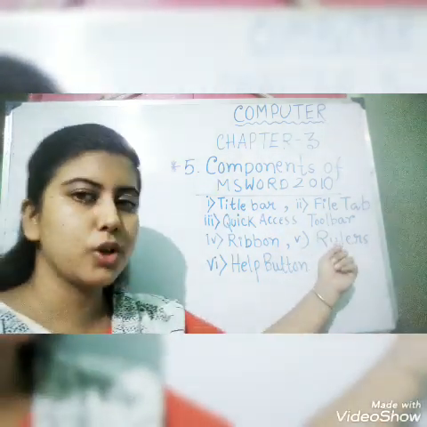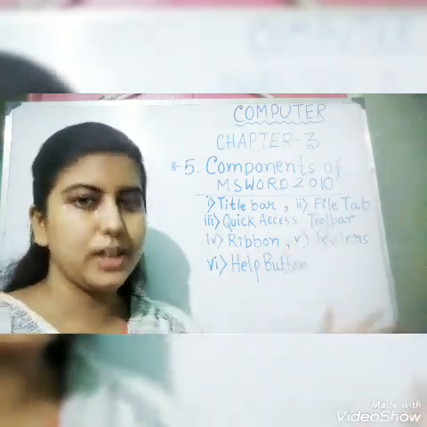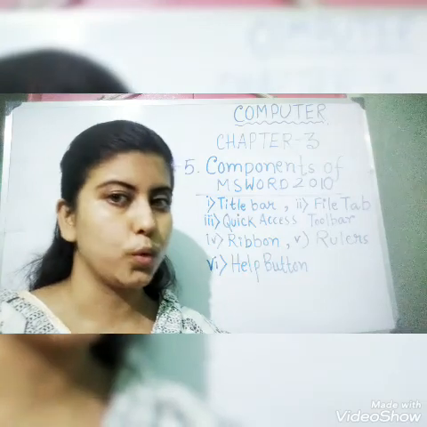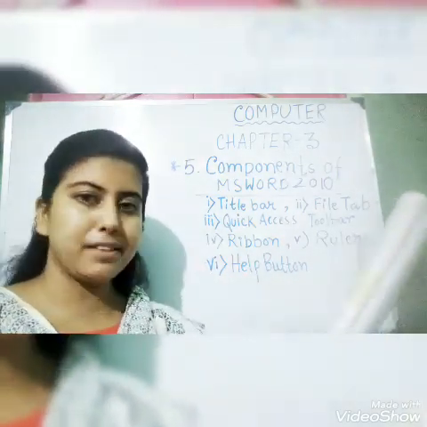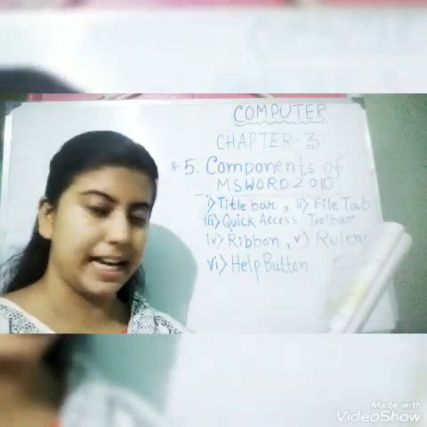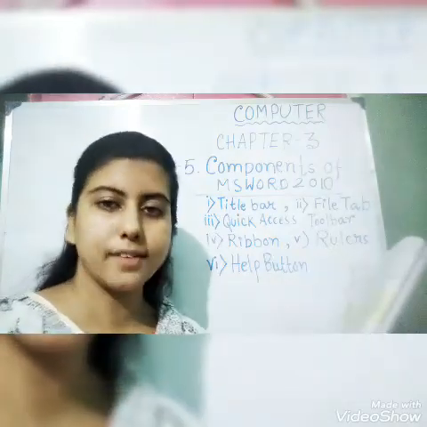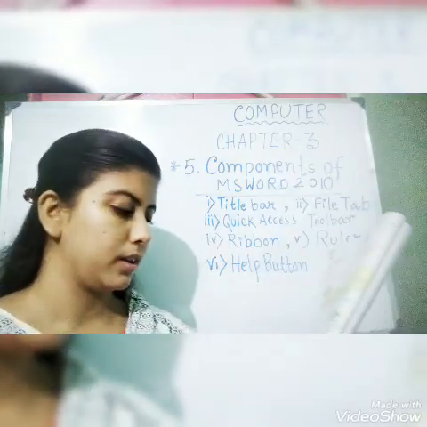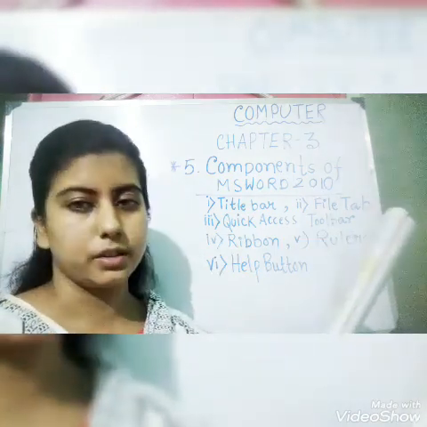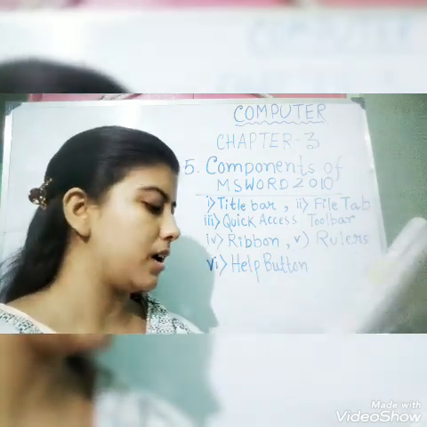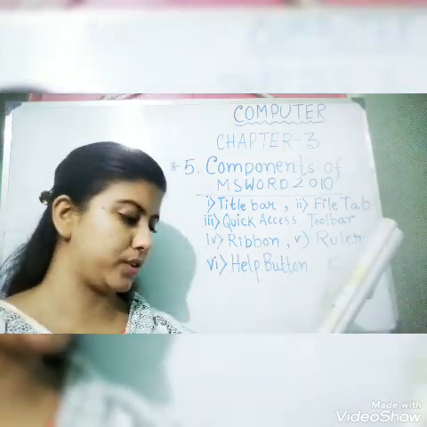Now the fifth component, that is ruler. What does ruler do in MS Word? MS Word 2010 has two rulers, a horizontal ruler and a vertical ruler. They are similar to the scale which you use.